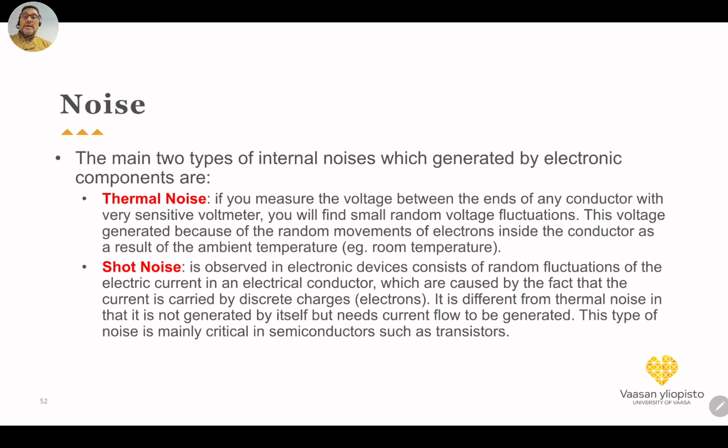Okay. So in any electronic device that we use to design a transmitter and receiver, we should keep noise in mind, because the noise will determine the sensitivity of the receiver. Why? Because you will not be able to receive a signal power which is considerably less than the average noise power of that receiver. So usually the signal to noise ratio at the input of the receiver should be high enough to detect the signal.